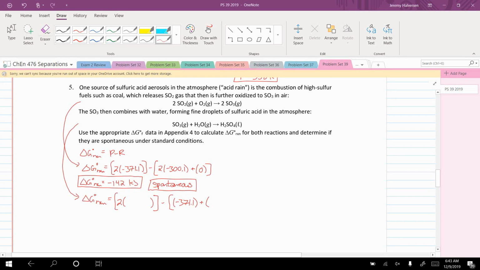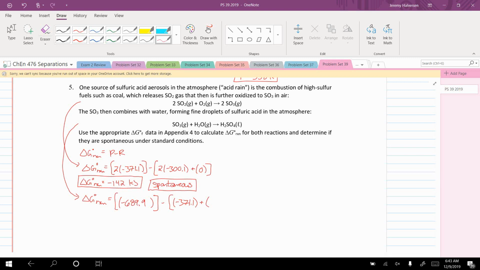Alright, so I found the values just on a Wikipedia page. And I don't know why I put 2 in front of that sulfuric acid. Alright, so sulfuric acid, I got negative 690.9. Actually, let me make sure of the units on this table. Kilojoules per mole. Okay, we're good.